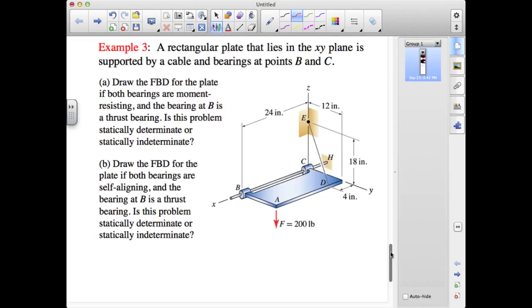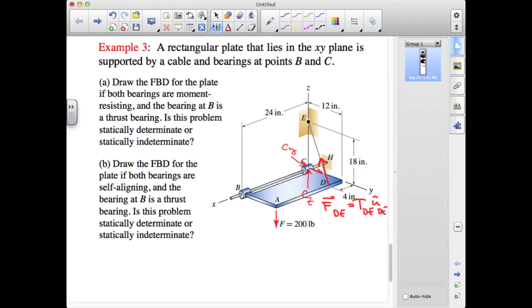First, let's get the cable out of the way. We've got a force in DE, which again is going to look like a tension in DE on a unit vector from D to E. If these are standard bearings, we won't have any forces aligned with the shaft. We will have a Cy, a Cz, and then we'll have moments in those two directions.